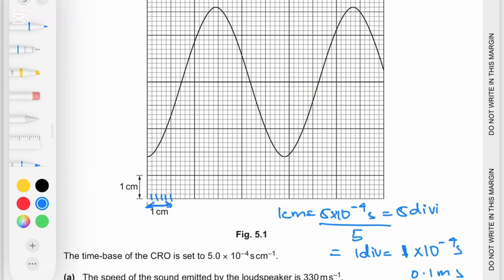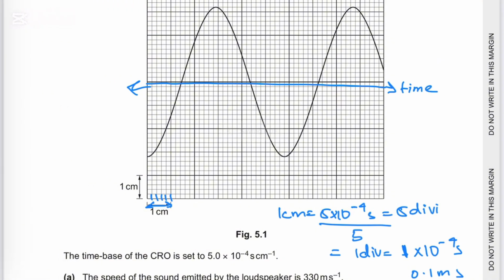The speed of sound emitted by the loudspeaker is 330 meters per second. Determine the wavelength of the sound. I should have prefaced this by saying the x-axis on the CRO represents time.